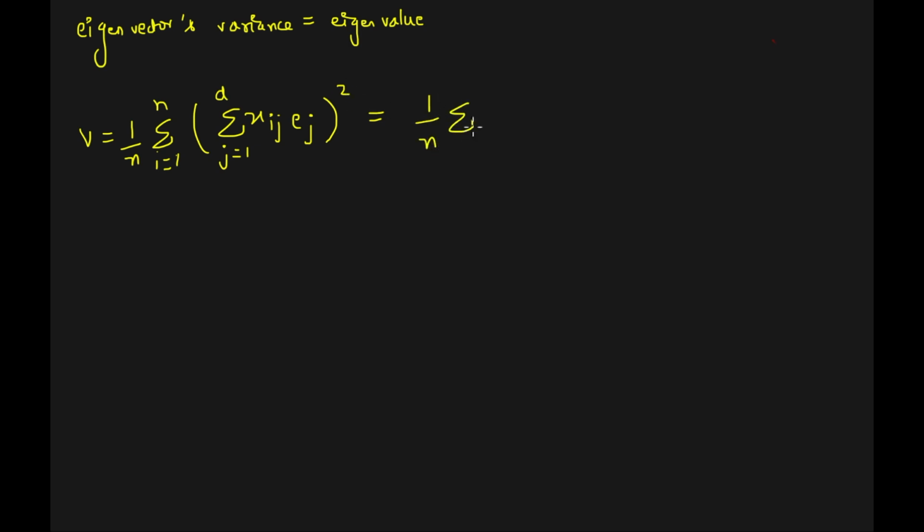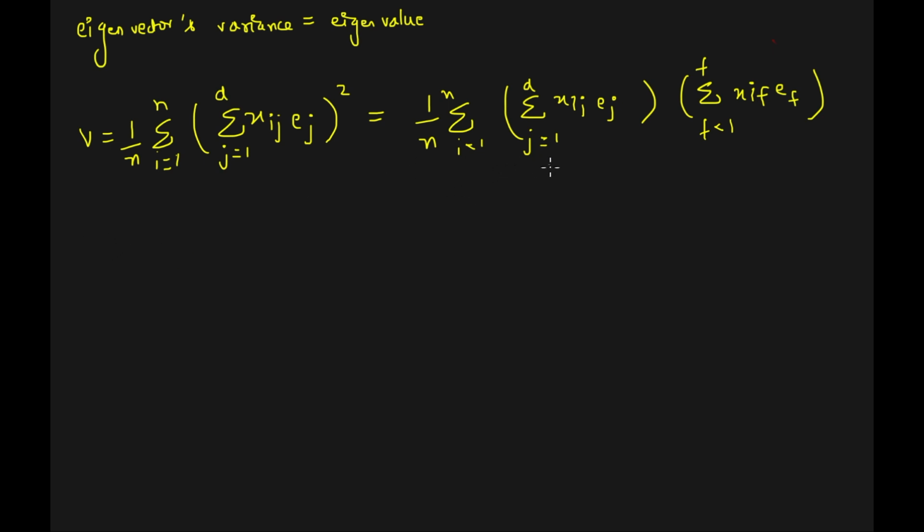So this remains the same, i equal to 1 to n, and this we split between two indices. So this is j equal to 1 to d, x_ij e_j, and we take another index here. Suppose we take f. So f equal to 1, x_if e_f.